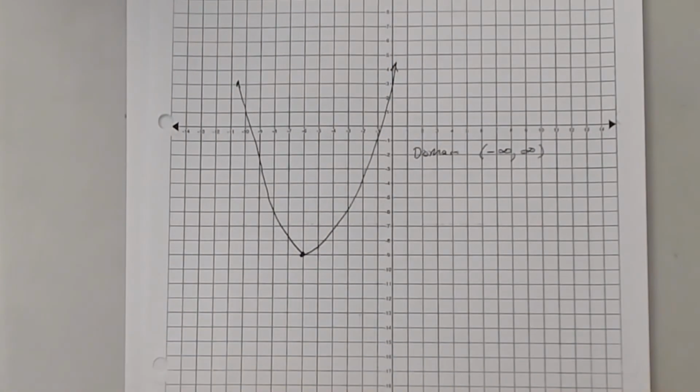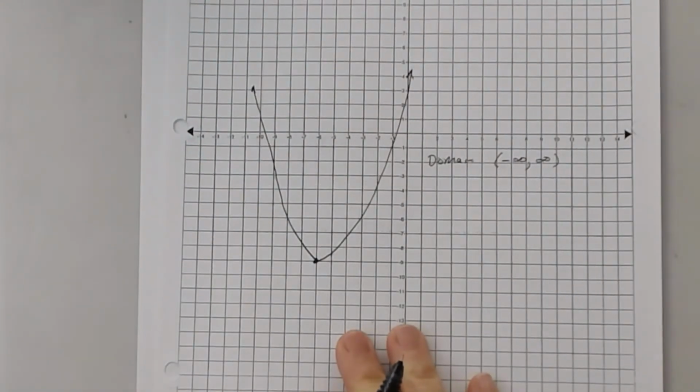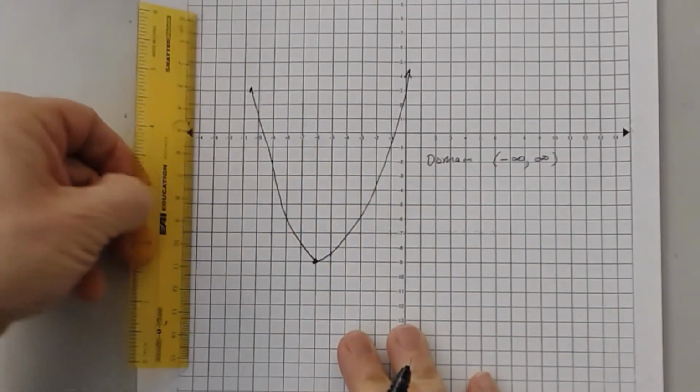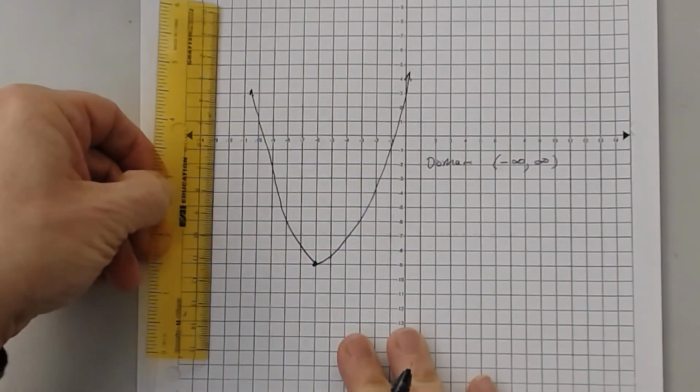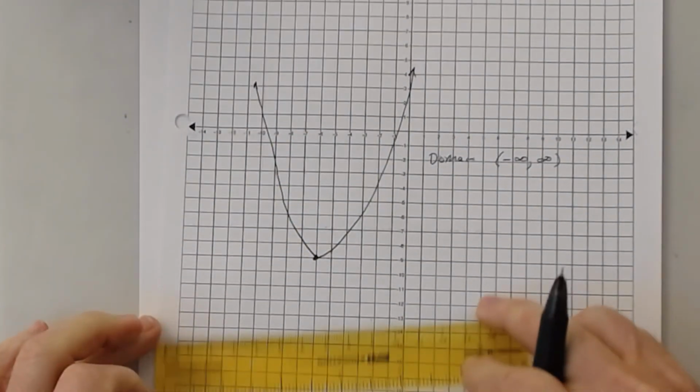Okay, now let's talk about the range. The range is a set of what? Y coordinates. When we talk about the set of y coordinates, I go along which axis? The y-axis. So instead of doing this, I'm doing this.